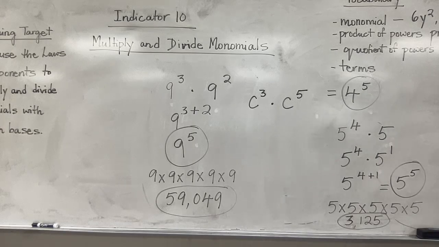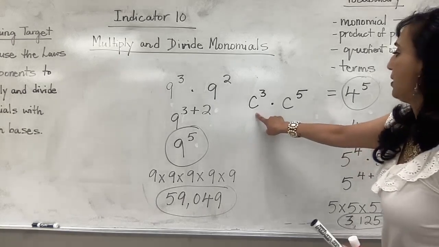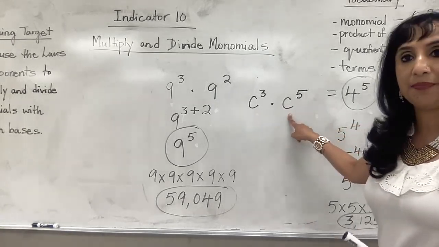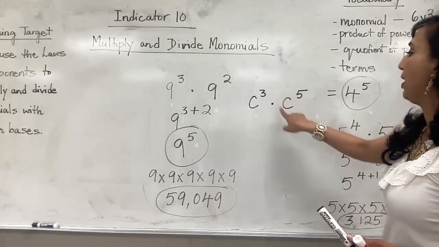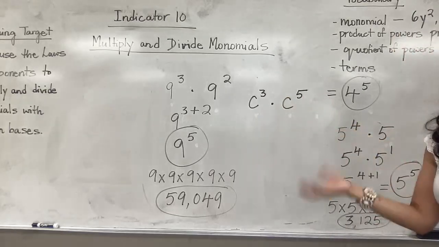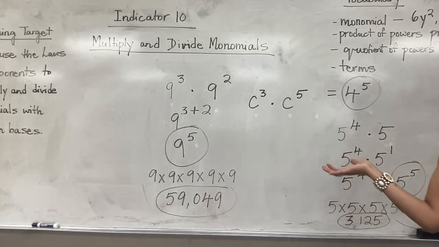So we are first going to obviously look at, do we have common bases? And what is the base here? So the base is c. So this is c and this is c, right? So how many c's do we have here? 3. How many over here? So there are 3 factors of c, and then there are 5 factors of c.